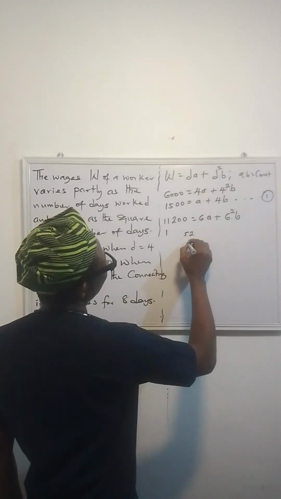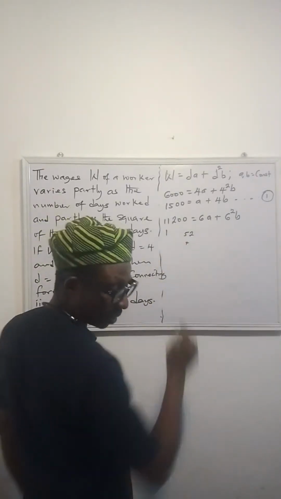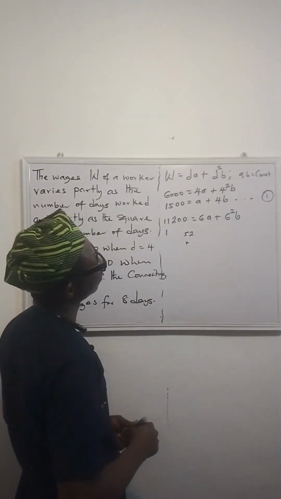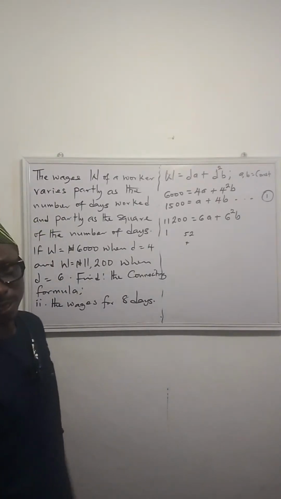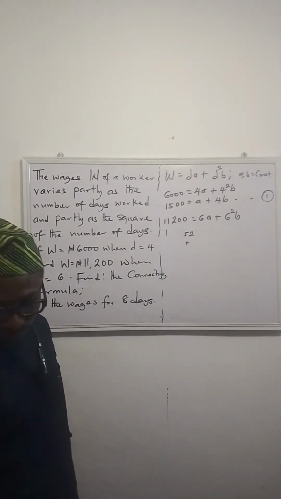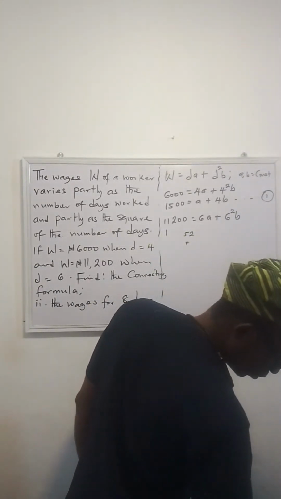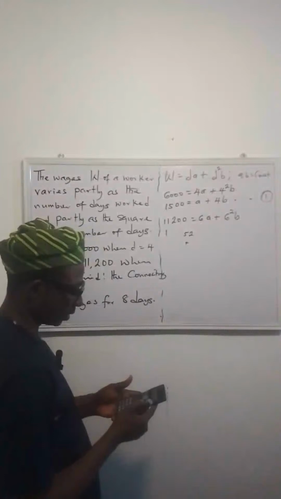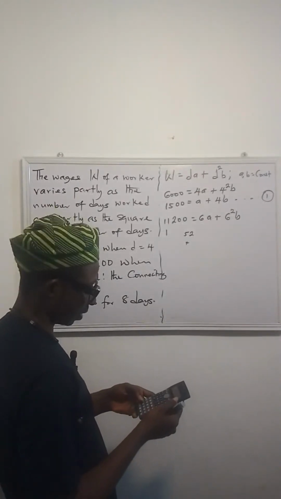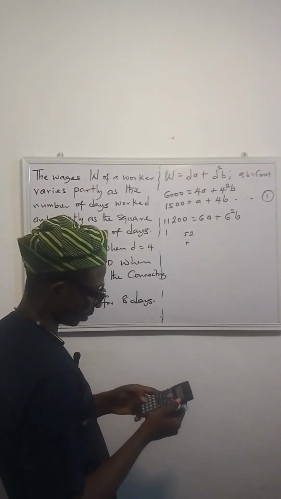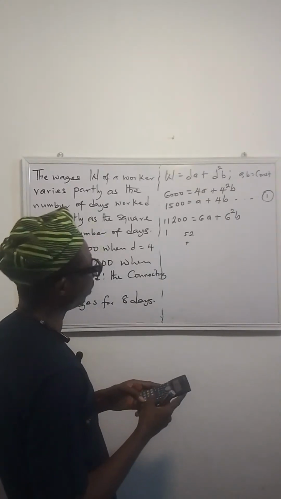Can you tell me if it will completely go? I want to be sure. Let's divide 11200 by 6. It will not completely go.